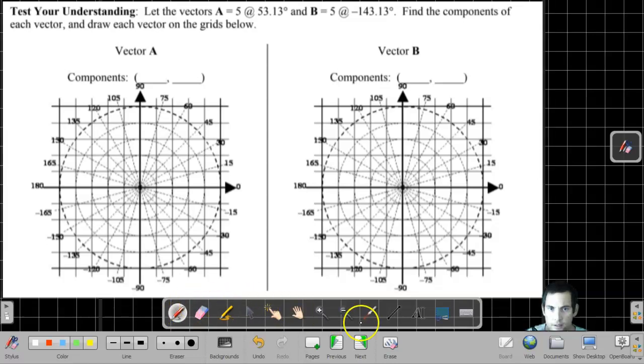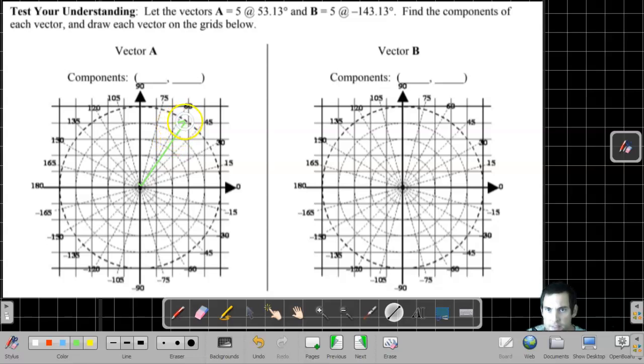All right, let's first draw the vector. A is 5 at 53.15, so it's not going to be 60, so it's going to be 1, 2, 3, 4, 5.